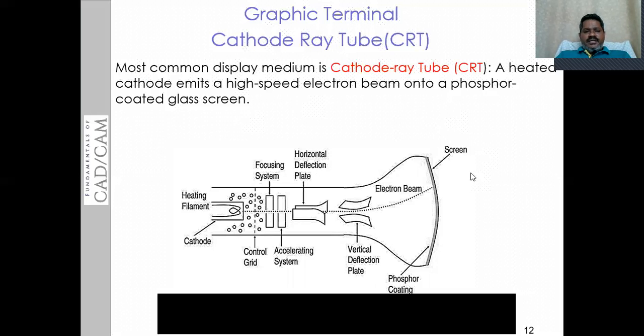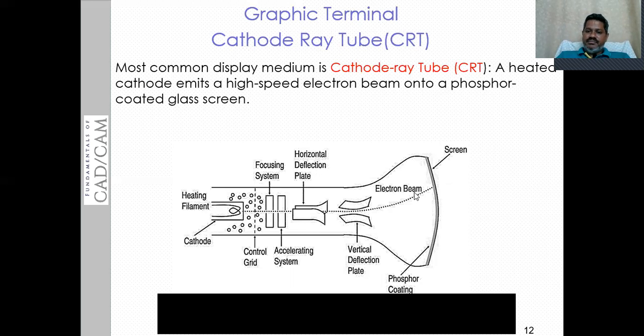Whenever we want to display the image, the electron beam intensity is varied, because the image is having different intensities of the particles. The image is displayed in the form of different intensities of the particles.